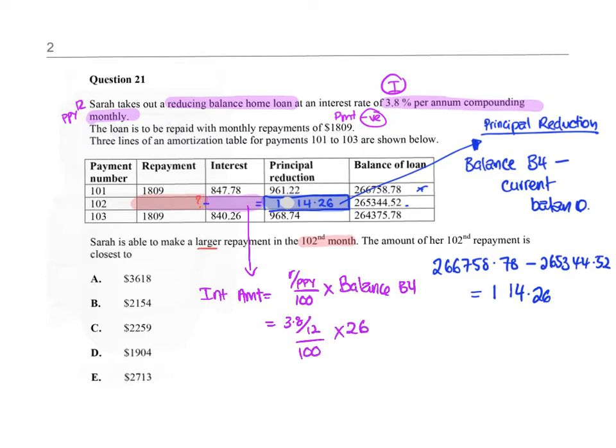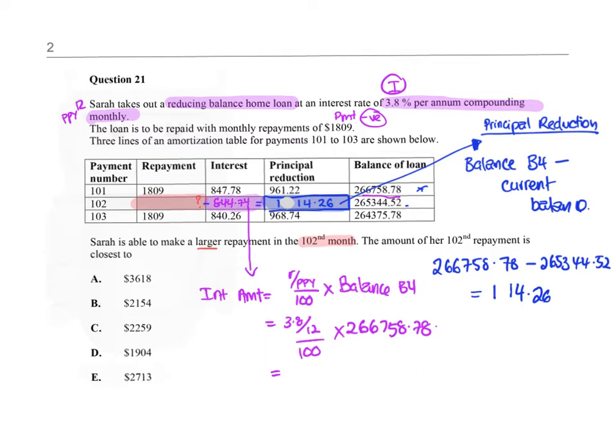It's not that hard. And the balance before is up here, 226,758.78. So I'm going to find the amount of interest, so we'll do that on our calculator. So we get the interest to be 844.74, I'm going to say.